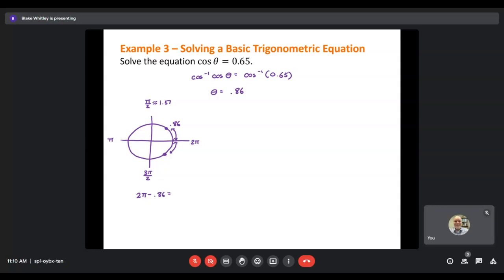Okay, and so that should, if we put it in the calculator, give us about 5.42. So my other value that's going to work, 5.42. And just like before, there's technically an infinite number of solutions that would work here. And so we have to add 2 pi k to each one of these.